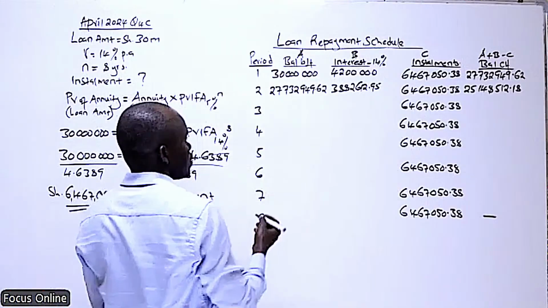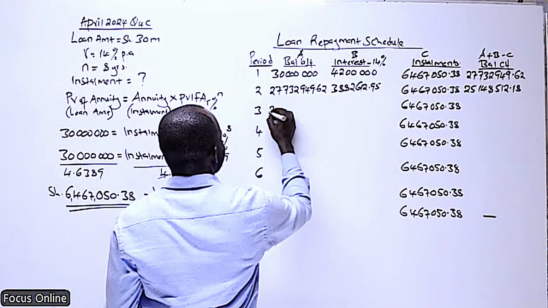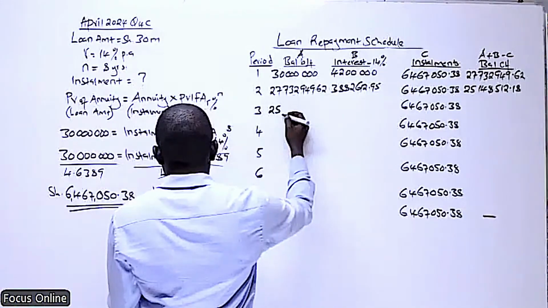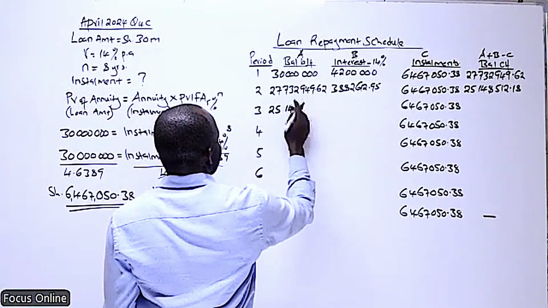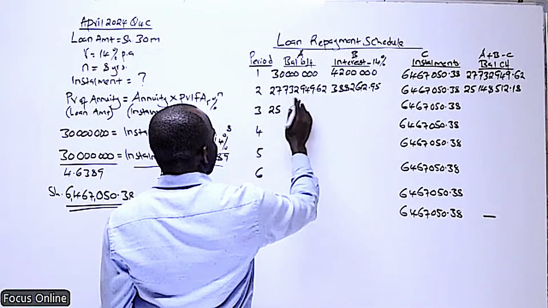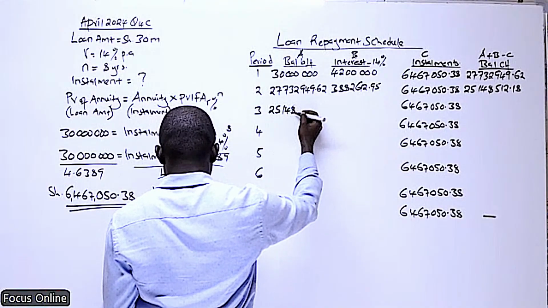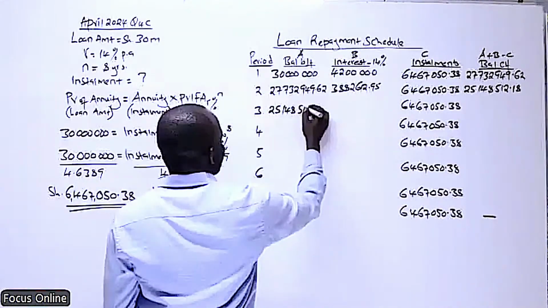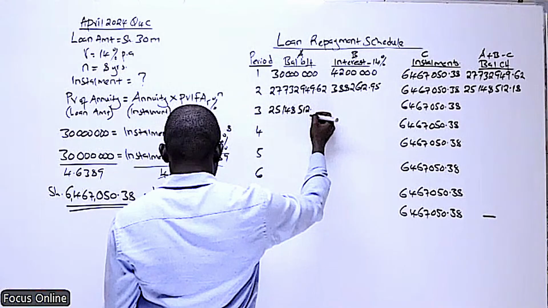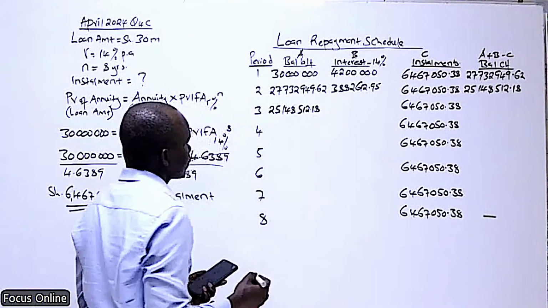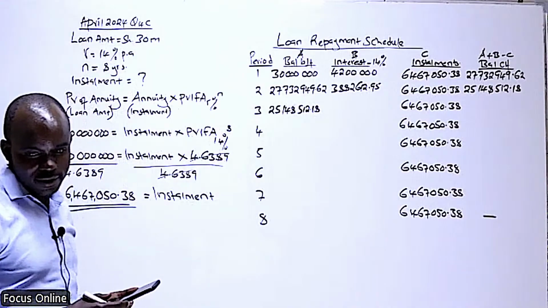Then here the balance brought forward is 25,148,512.18.